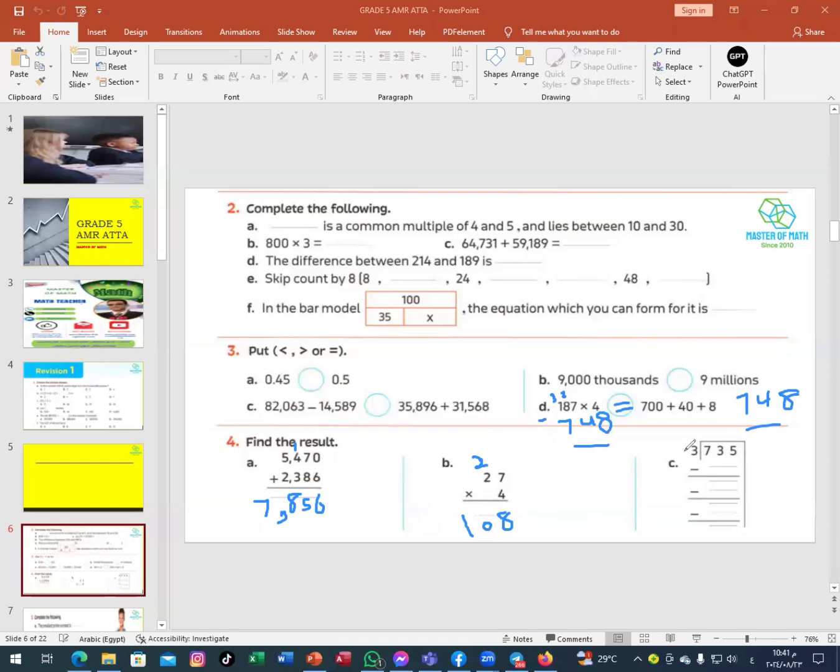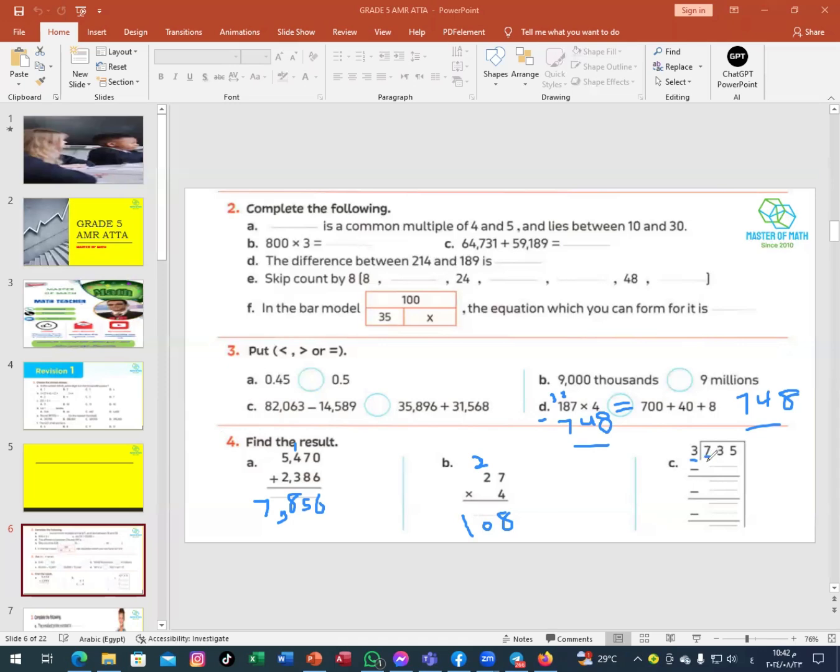The last one, 735 divided by 3. Okay. I have to start from the left of the number. 7 divided by 3. 7 isn't divisible by 3, but I have to go down to the nearest number which is divisible by 3.